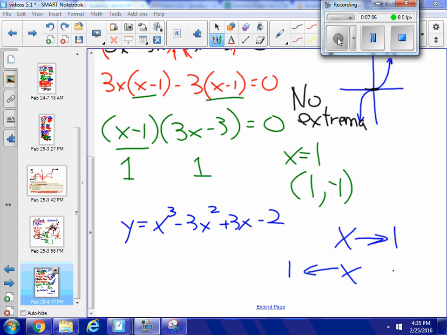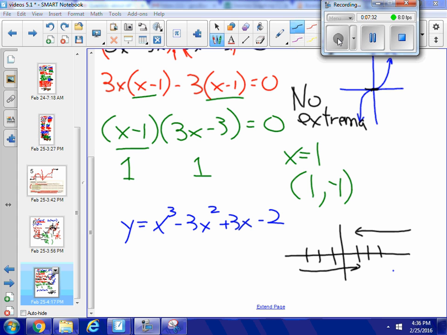Actually, since I know there's only one turning point, I could plug in, if I make this into a number line instead, let's do that. That might look a little bit nicer. So here's a number line, and here's 1, 2, 3, -1, -2, -3. I want to approach x from this side, and I want to approach x from this side.